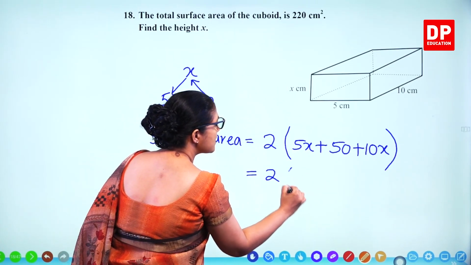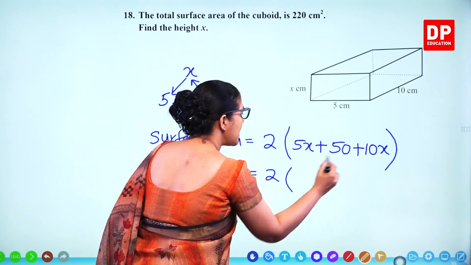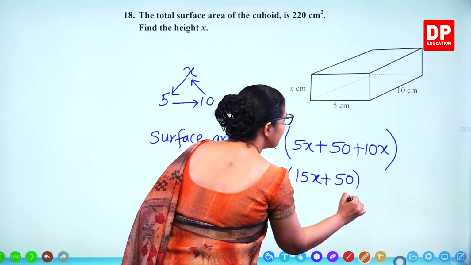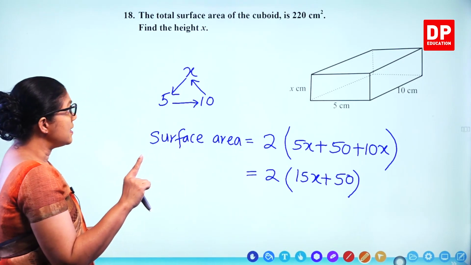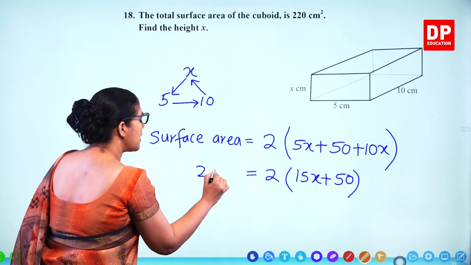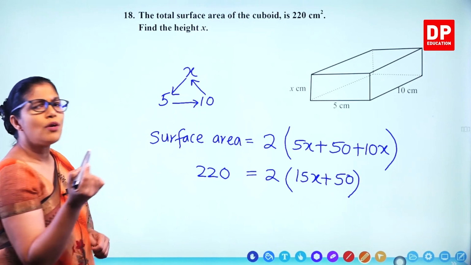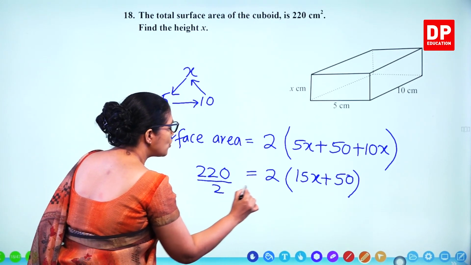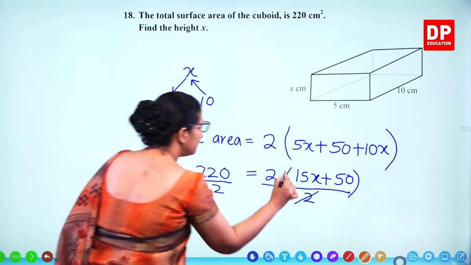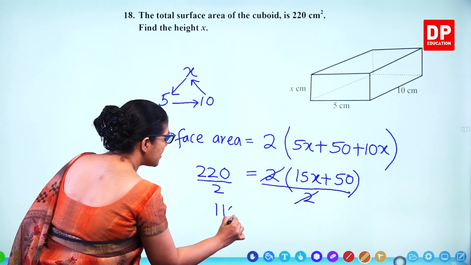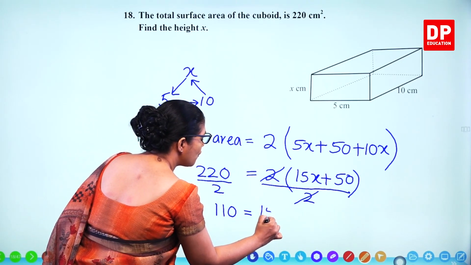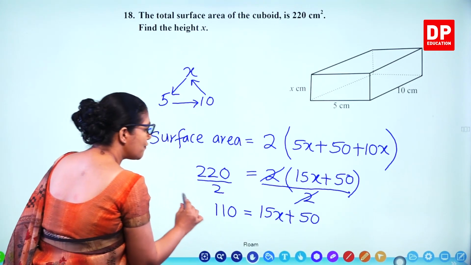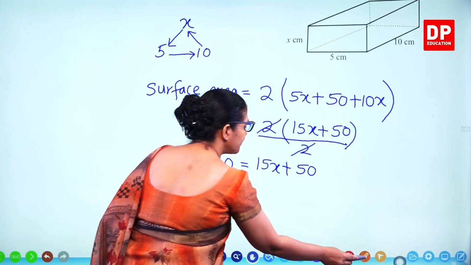So what's the total surface area? 5 plus 10 is 15x plus 50. So that is equal to 220, given. And you're asked to find out the value of x. Divide both sides by 2. 110 is equal to 15x plus 50. Subtract 50 from both sides.